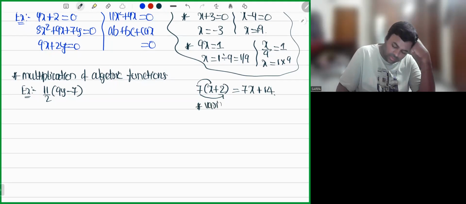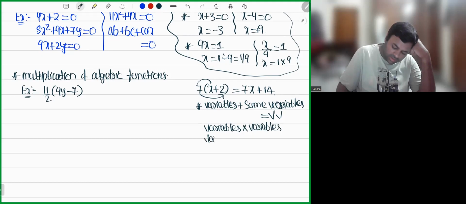Variables plus same variables: x can be added only with x. x cannot be added with y. Variables with same variables, absolutely fine. Variables into variables can be multiplied, and variables into constants also. Absolutely, it's fine.